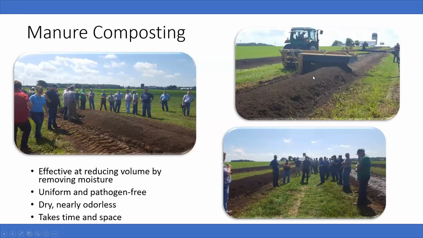And of course, manure composting is a great way to consolidate nutrients and get your manure a little bit drier. It is time consuming and it does take a lot of space. This is a farm in Mercer County that's been doing it for years.